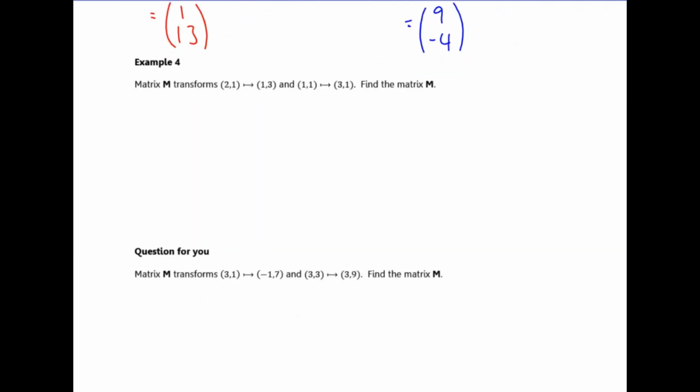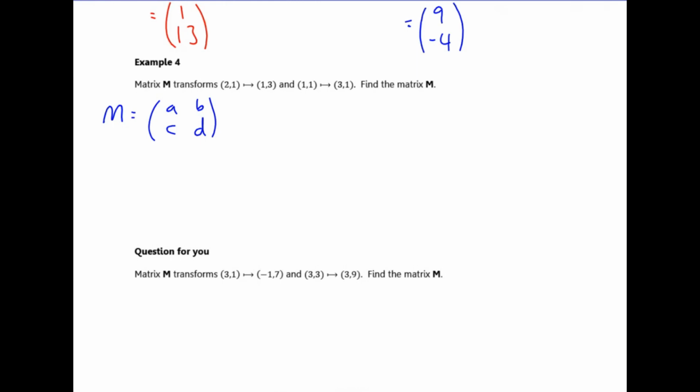This next one has us going backwards. So this next one gives us 2 points and their images and asks us to find the matrix M. Probably the best way of doing this is just to write the matrix M as a generic matrix a, b, c, d, and we're going to work out what a, b, c, d are from that.